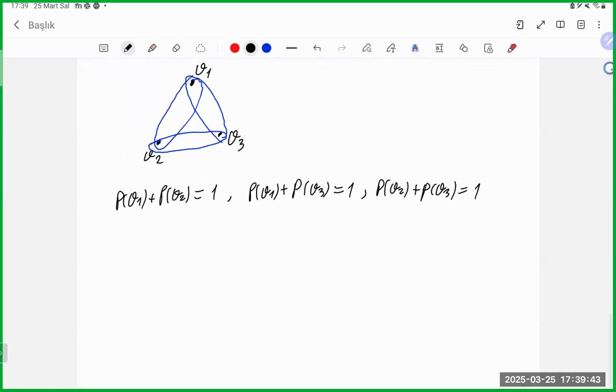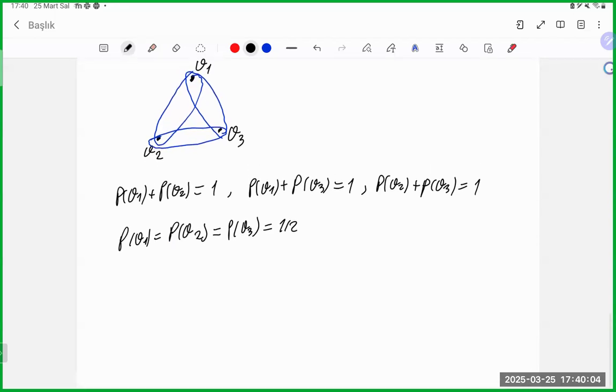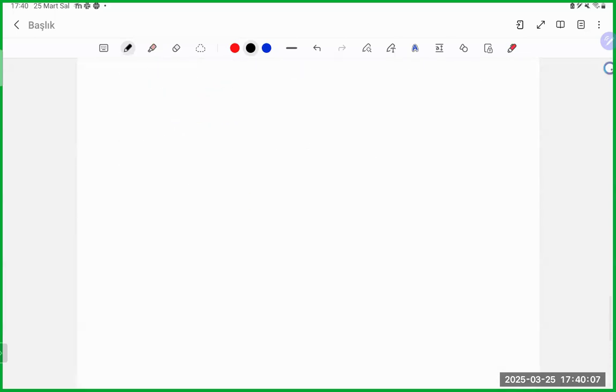The only solution of these 3 equations is that all the probability assignments on the vertices must equal 1/2. So there's only one probabilistic model which we can assign to this scenario.